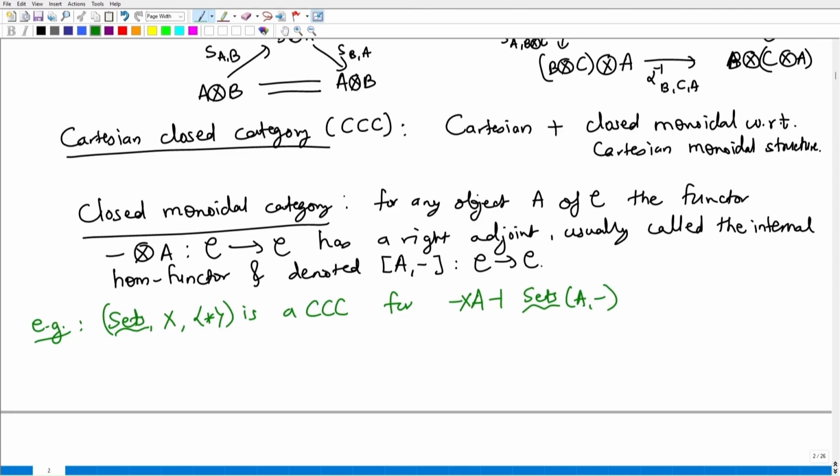Let me remind you, if you have forgotten, that the hom set from B cross A to C in the category of sets is in natural bijection with the hom set from B to the hom set from A to C. This is the way in which we can replace a two-variable function by a one-variable family of one-variable functions. So that's why it's used in programming. If you want to deal with functions with higher arities, then this is important.